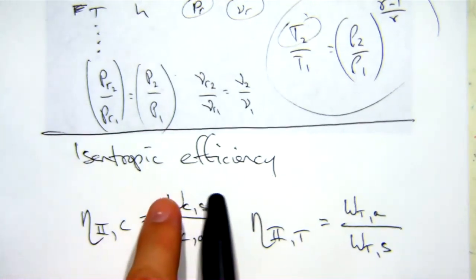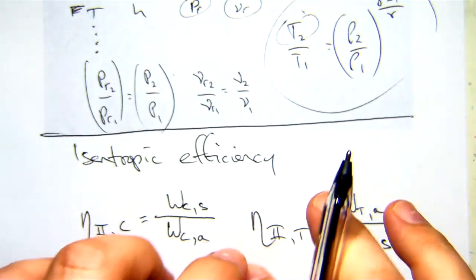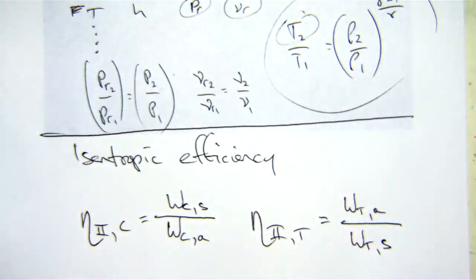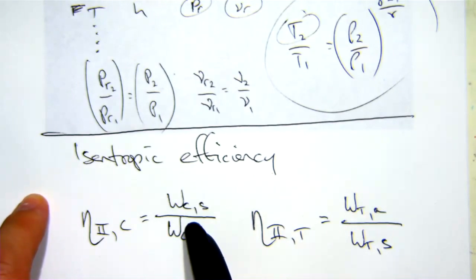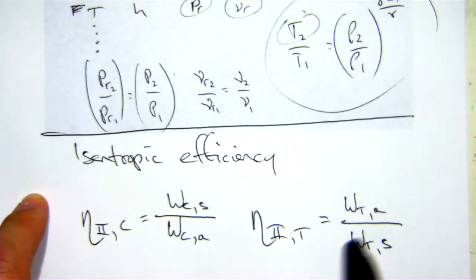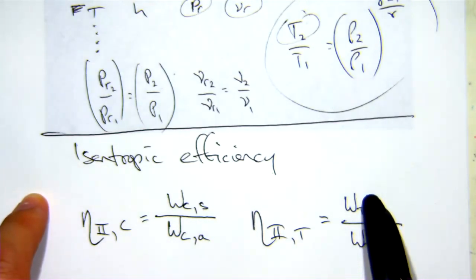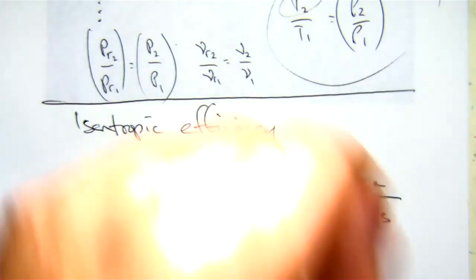So if you can't memorize the equations, which is okay, remember them by logic. The number has to be less than 1. The best possible work for a compressor is smaller than the actual work. The best possible output from a turbine is bigger than the actual output. But what do I do with these to actually solve a problem? I've just written them in terms of work.